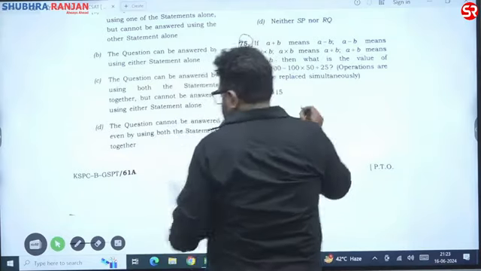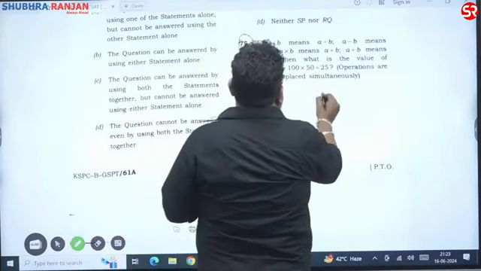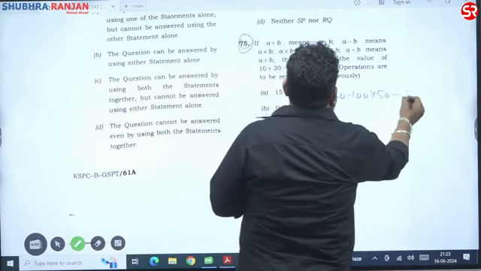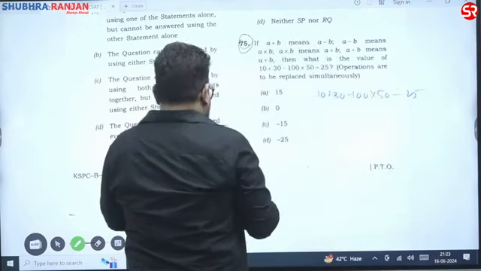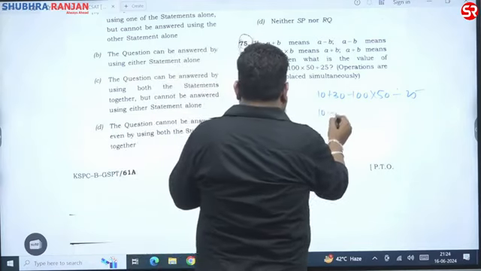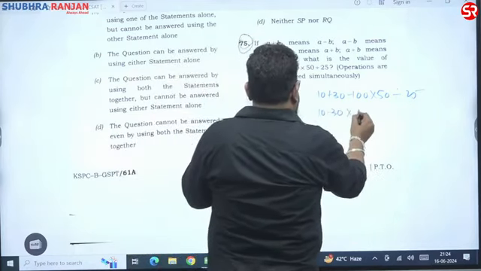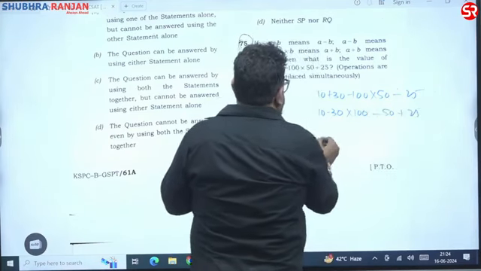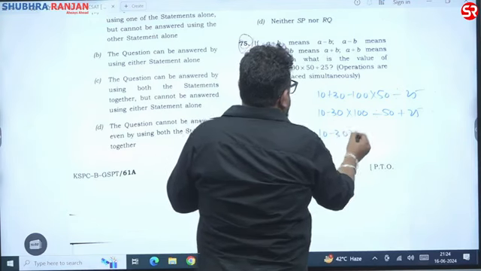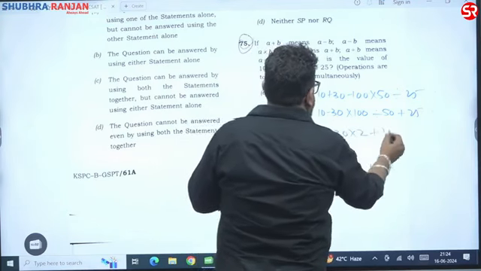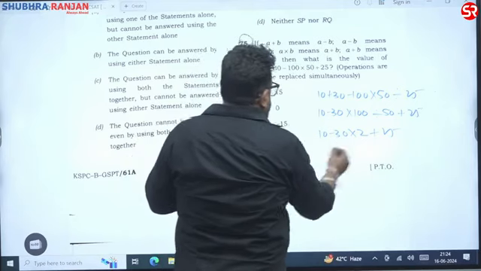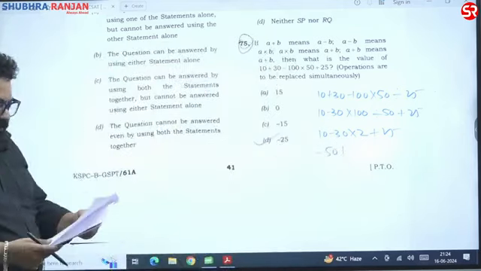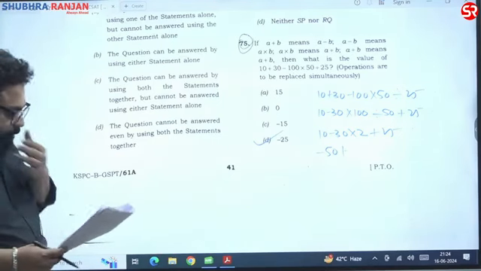He was asking us 10 plus 30 minus 100 divided by 25. So when replaced, this is 10 minus 30 into 100 divided by 50 plus 25. So it is 10 minus 30 into, first divide, so 2 plus 25, isn't it? So this will be minus 60 minus 50 plus minus 25 is your answer. This was easy. This was actually easy, right?